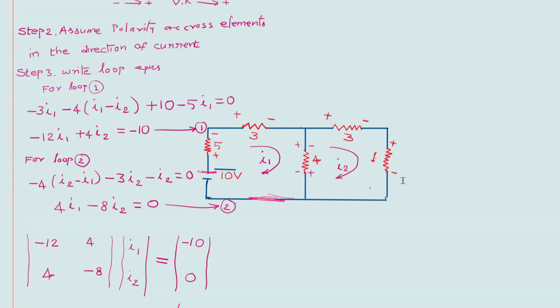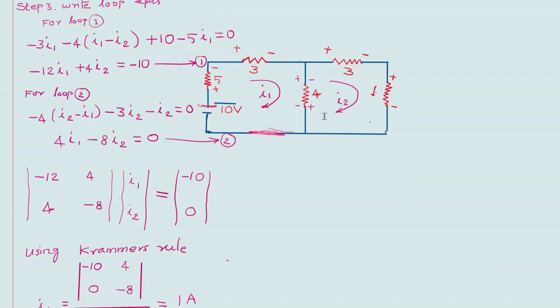The other terminal automatically becomes negative. Similarly, we have in this loop a 4 ohm resistor and I2 entering the 4 ohm resistor here. So we call this the positive terminal, and here current is leaving the 4 ohm resistor, so automatically it will become negative.